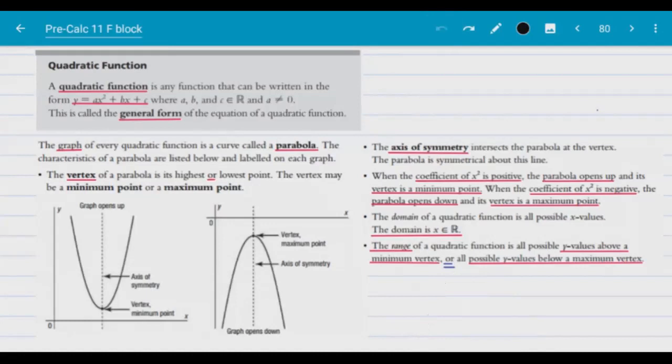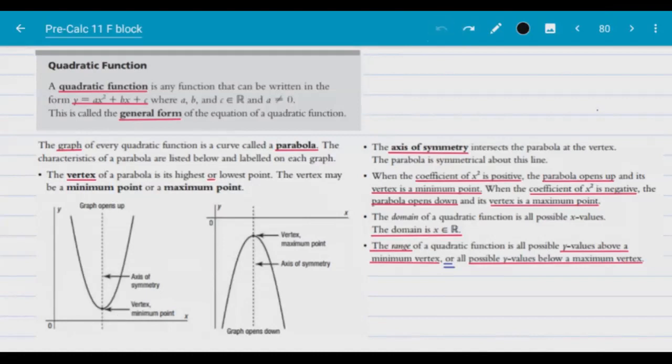All right. What is the range? The range for the parabola would be sort of different. The range for a parabola that opens up will be given by y is greater than or equal to the minimum y value. I'll say it again. If the graph opens up, the range would be y is greater than or equal to the y value of the vertex.